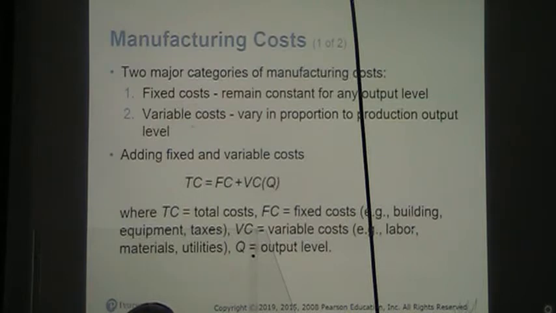Our variable costs vary in proportion to our production output level. So, for example, the more we produce, the more material we have to buy, and so that is a variable cost. When we add our fixed and variable costs, our total cost is going to be equal to the fixed cost plus the variable cost times the quantity.